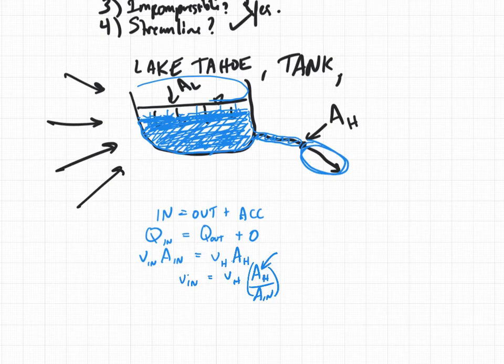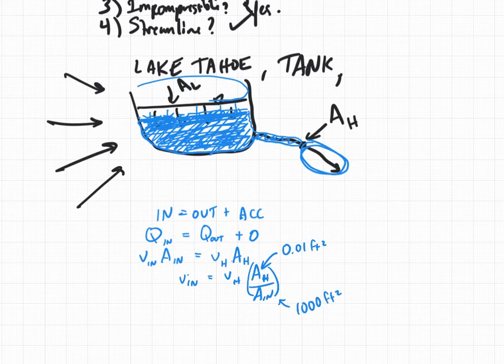Well, AH is the cross-sectional area of the hose. Let's suppose you've got a little garden hose, maybe a square inch, so let's put it at 0.01 square feet. And what's the surface area of Lake Tahoe or a tank? Let's make it a small lake, 1,000 square feet.